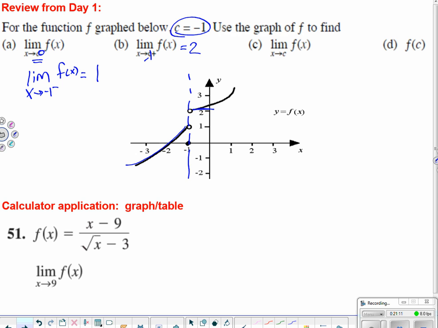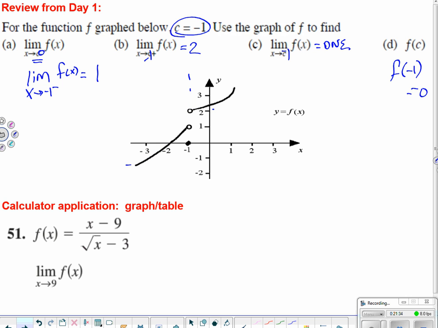And that means the limit as we approach -1, well, the left side was 1, the right side was 2. This would be D and E because the left does not agree with the right. F of -1 would equal where the dot is, and that is at 0. There's my solid dot showing F of -1.